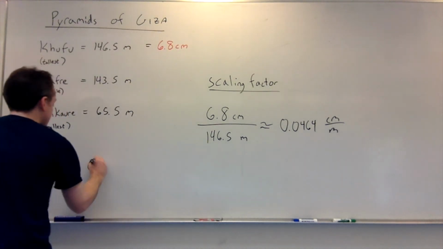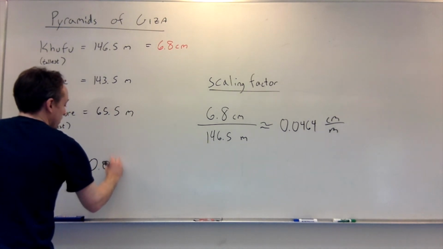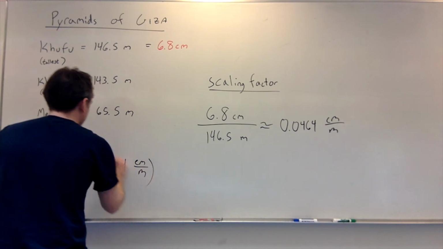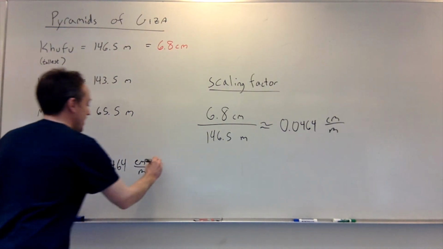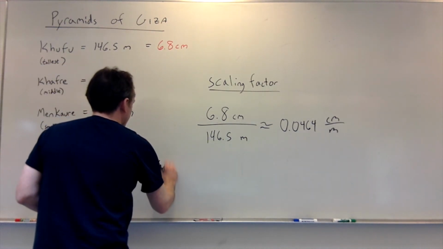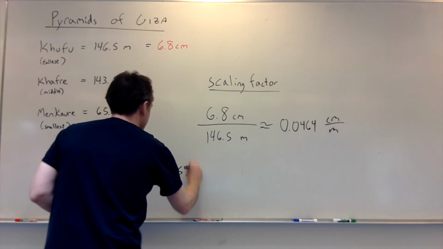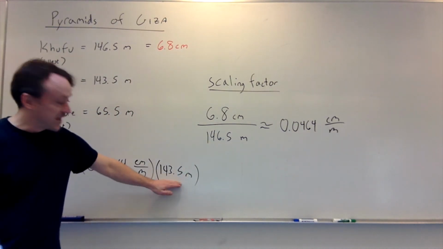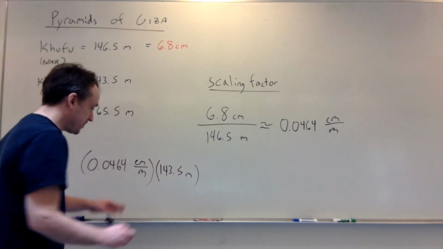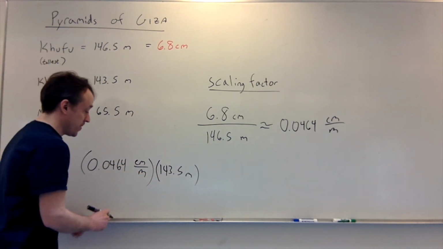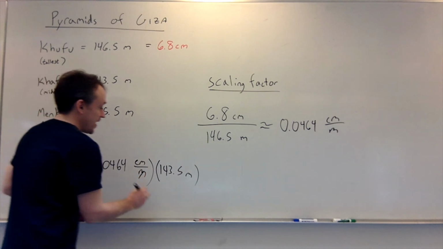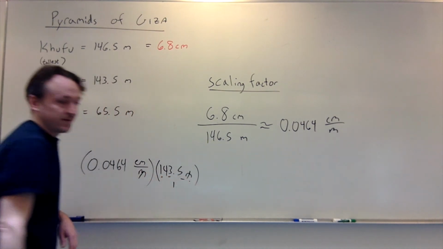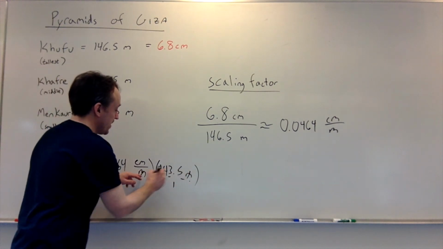Okay, so if I take 0.0464 centimeters per meter, now I multiply it times that, which is 143.5 meters. So now I'm multiplying my scaling factor times the actual original height of that middle pyramid. Now, as before with the unit conversion, I've got meters over meters here, because this is really over 1. So I've actually got meters divided by meters.